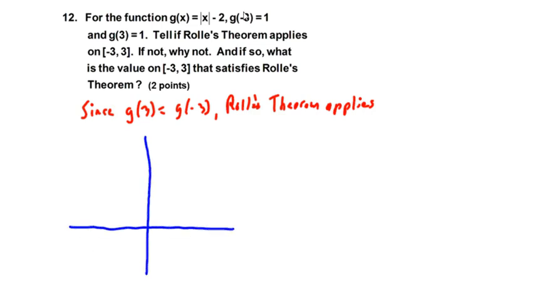If we have this absolute value function, the absolute value of x minus 2, it's going to be like this. Absolute value function, and here we have 3 and -3. So these things are equal right here, and so Rolle's theorem would say that there's a point where the slope between them is 0. But what's happening here?